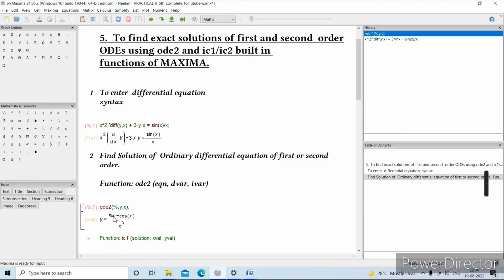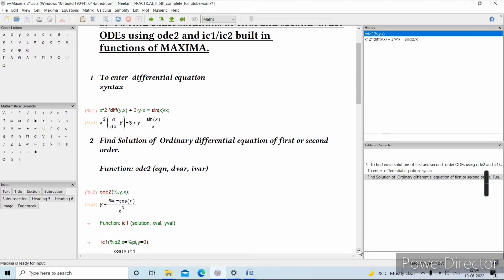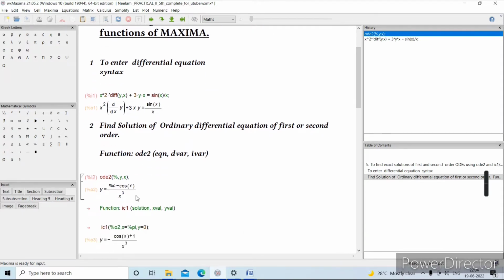In MAXIMA you can't write C1. Here you will obtain %c, the symbol for writing the constant, and cos of x by x cube, which I already obtained in my solutions. Now I want to find this constant value using the initial conditions.